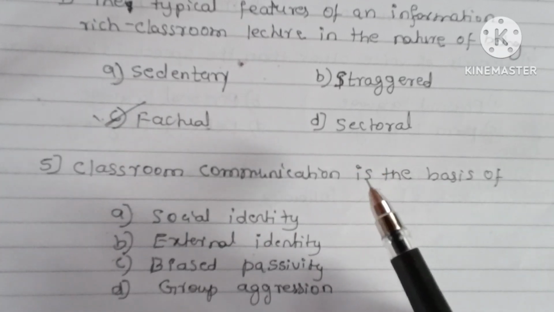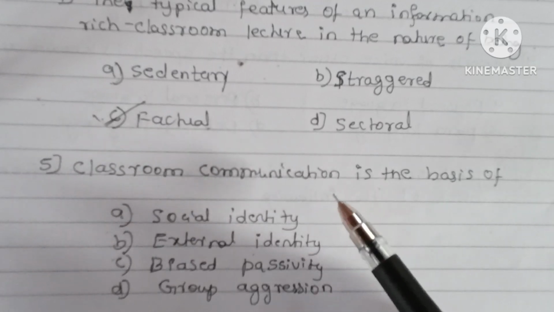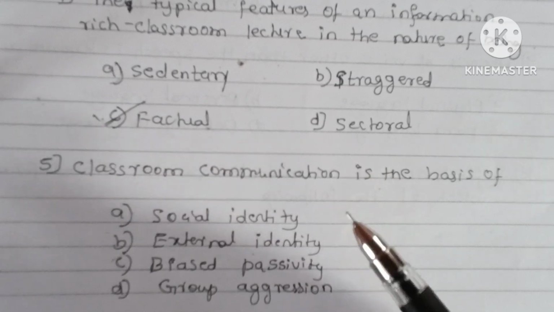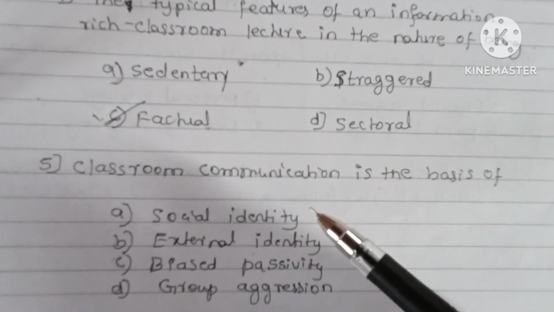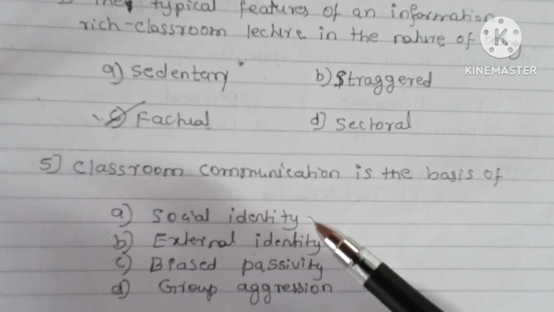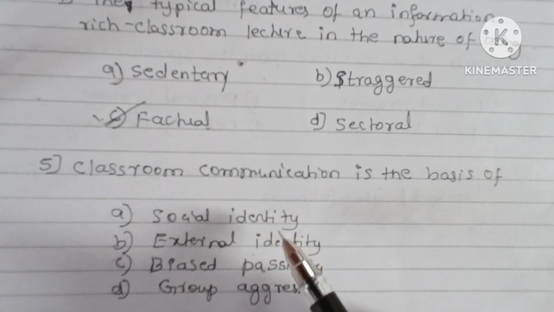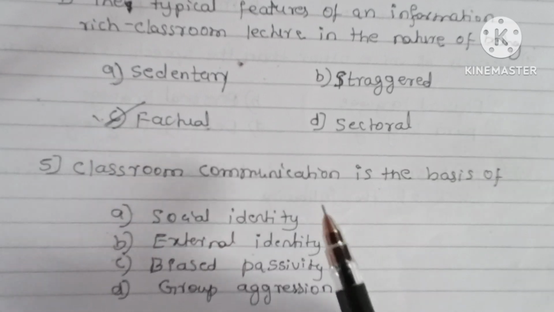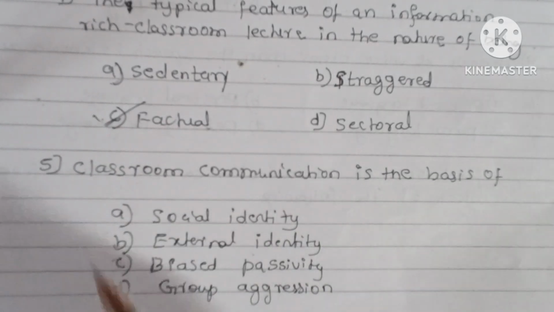At times, for effective classroom communication, it is desirable to use projection technology because it facilitates extensive coverage of course contents. So, option A, social identity is the basis of classroom communication. Option A is the right answer.